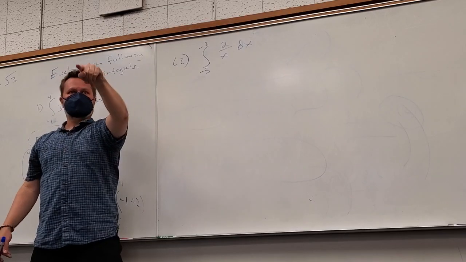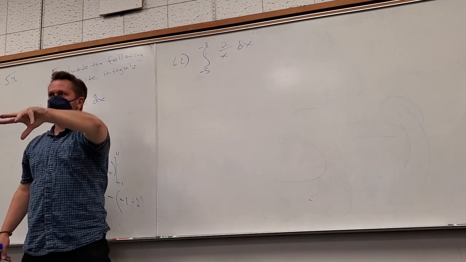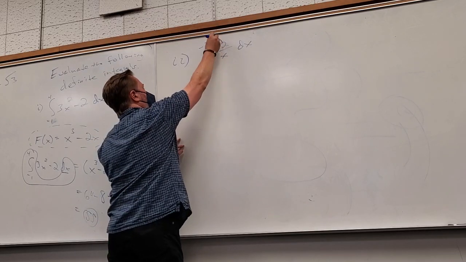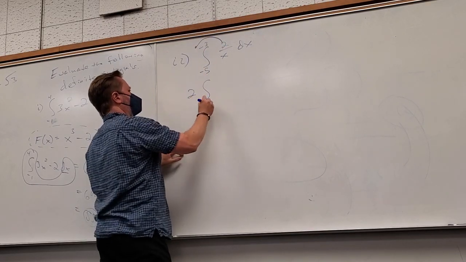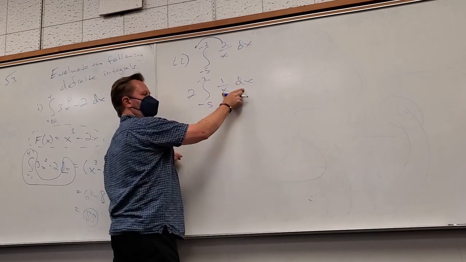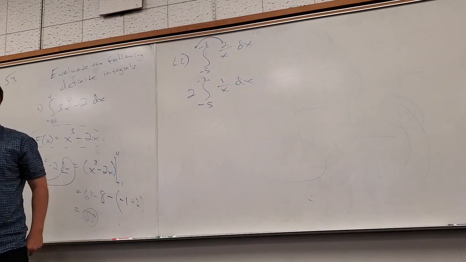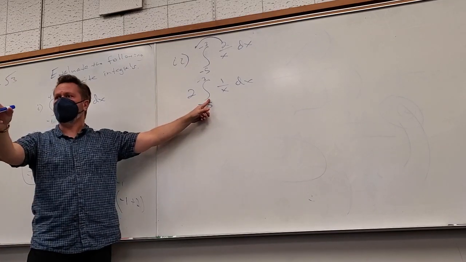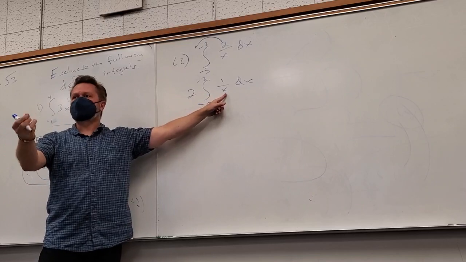Remember we basically did that when we did the infinite limit thing? So if I wanted to, any constant multiplier can just come out. You don't have to do that, but I thought maybe this would help you. So that's asking you now. This symbol we now identify as, sure, it's area, but it's antiderivative.